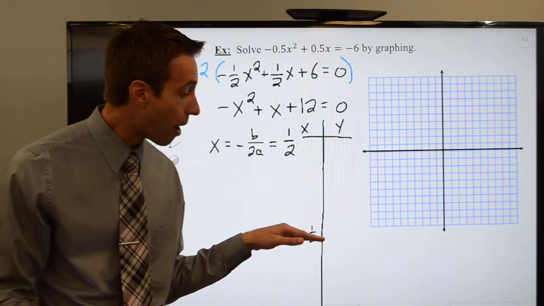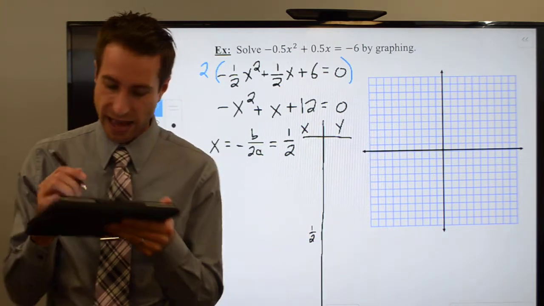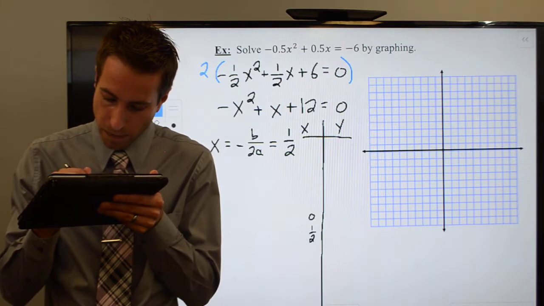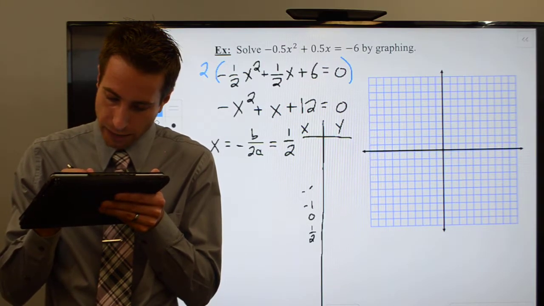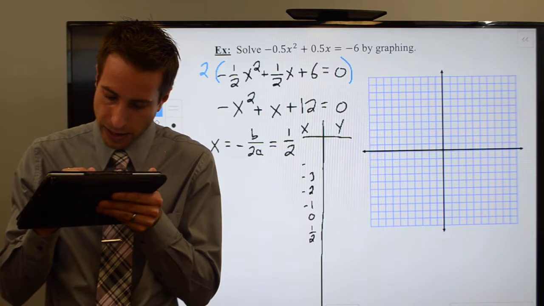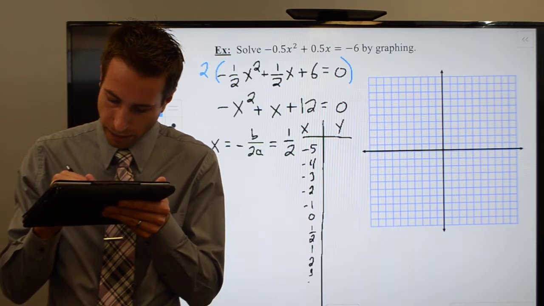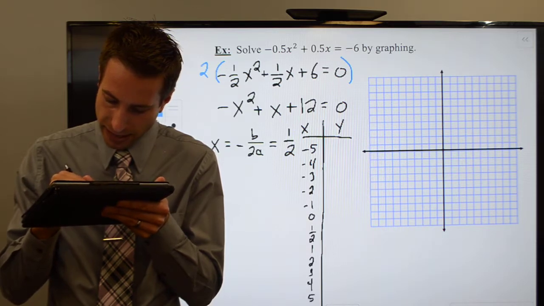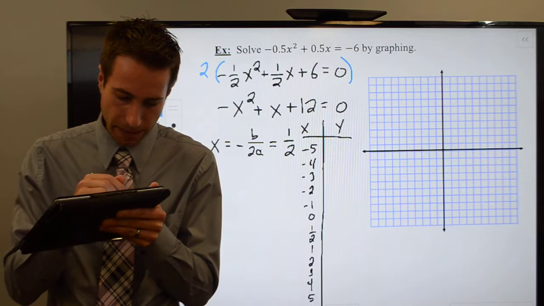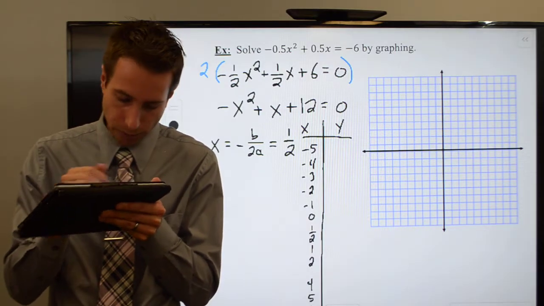The whole number above 1/2 would be 1. And that's what we'll do. So we'll do 0, negative 1, negative 2, negative 3, negative 4, negative 5. And then 1, 2, 3, 4, 5, and 6 should get me all of the points I need.